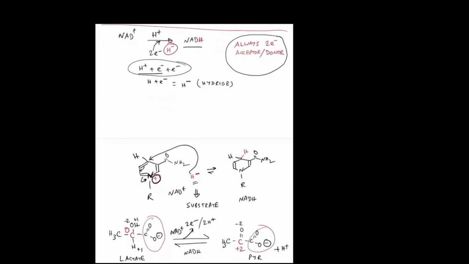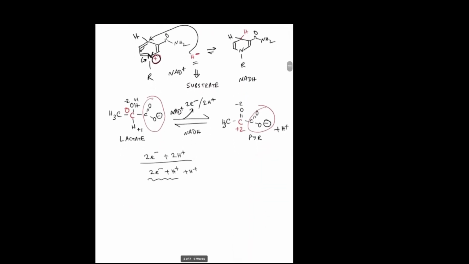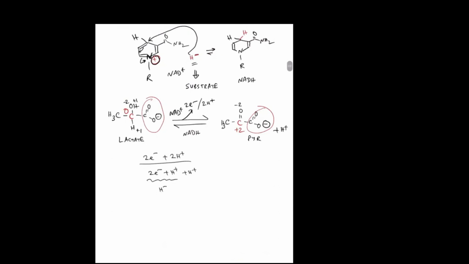A hydride. So this is equivalent to an H minus. And then H plus, the other proton, remains as a proton and it is lost to the solvent. Okay, so that proton is what is lost to the solvent. The way this reaction happens is that I should color code. I just don't want to confuse you guys, so just make sure I color code it.